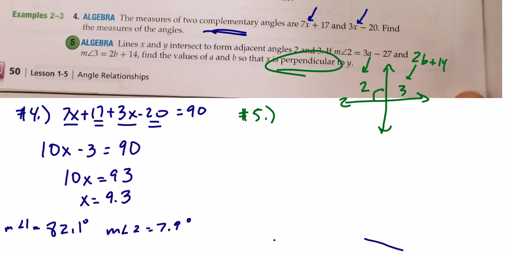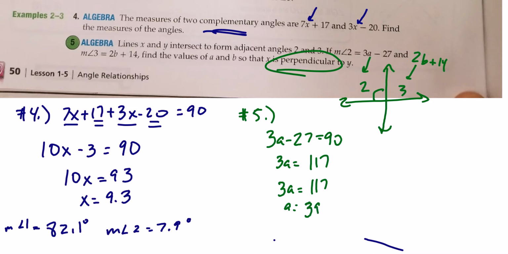So because of the word perpendicular, I know 3a minus 27 equals 90. So 3a equals 117. And then I divide by 3 on both sides, I get a equals 39.